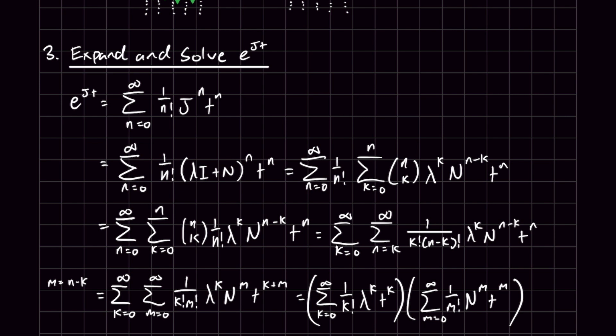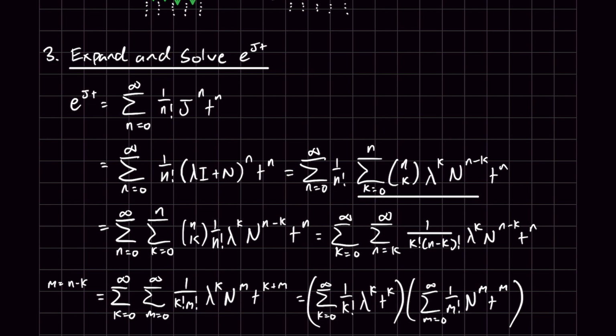It looks like we're starting to get somewhere, but this lambda I plus n to the n power is going to be very messy to do. So what we want to do is apply the binomial theorem here, and substitute the binomial version of lambda I plus n to the n with this.